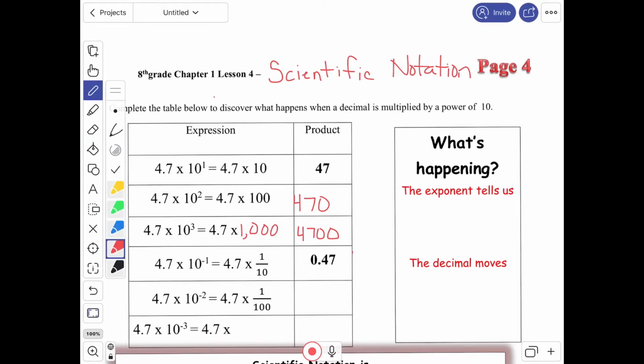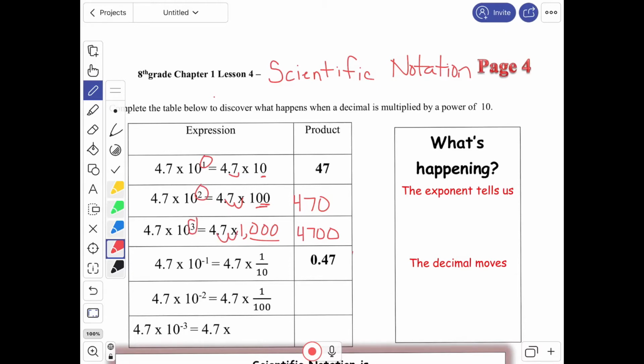So each time I multiplied by a power of 10, the more zeros, the more times I moved the number 47 over. I moved the decimal over one space here. I moved the decimal 2 spaces over, and there was an exponent of 2.